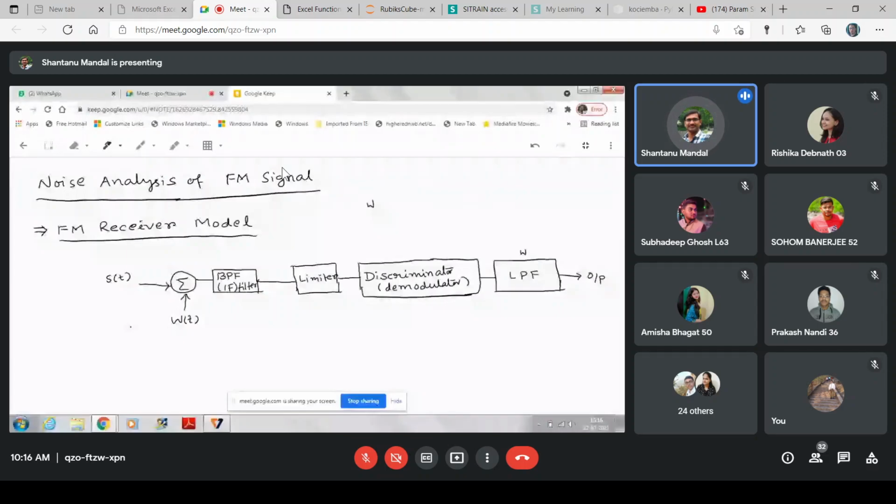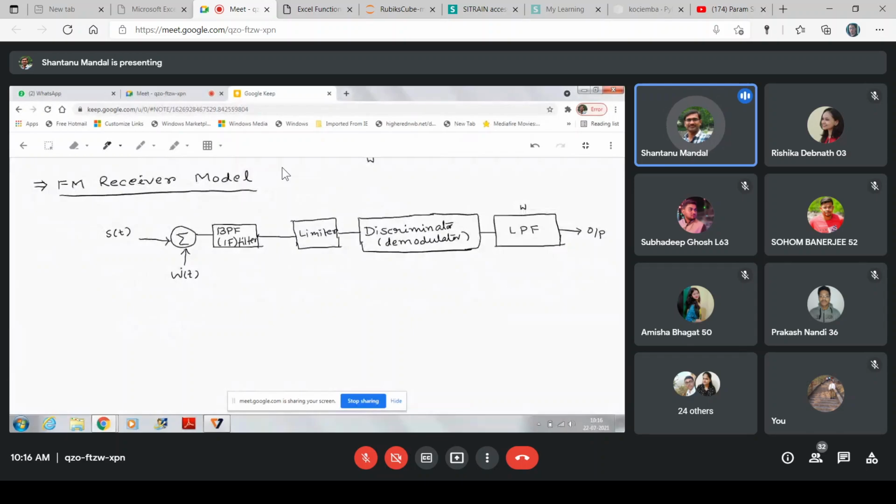Okay, so this is the standard FM receiver model, and by using this model we have to calculate the noise analysis of the FM signal. Now, the band pass filter output is known as x(t). So x(t) contains two parts, that is s(t) plus n(t), where n(t) is the narrowband noise.